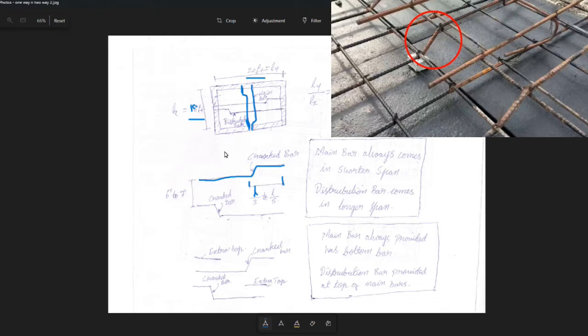These main bars we are putting in the shorter direction, so the length is 18 feet. This 18 feet we're going to consider as a small L, so L by 3 to L by 5. Whatever length we get, that much length we need to provide for putting this crank bar.